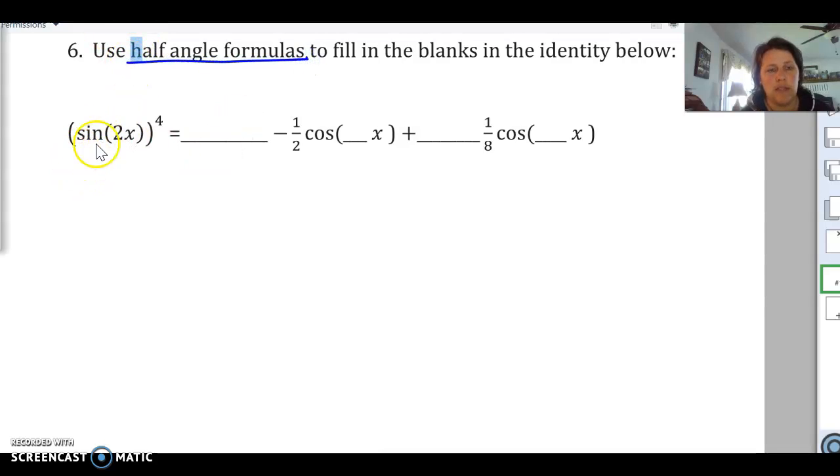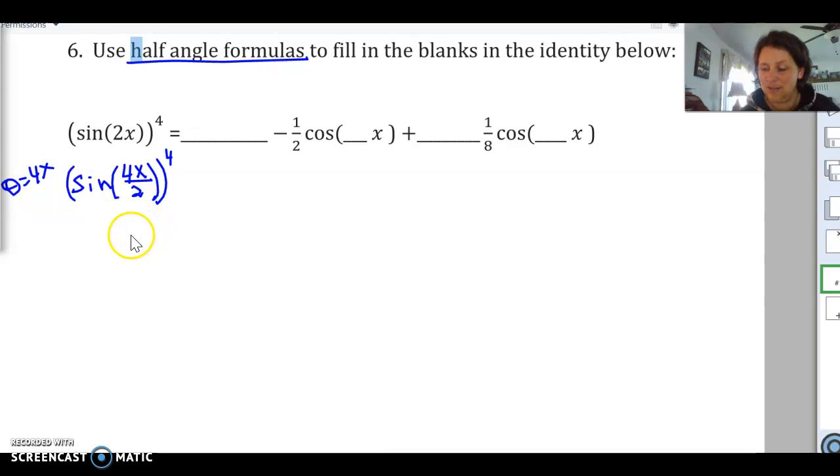So we want to use that half-angle formula. We need to rewrite this equation so that it's in the format of a half angle. So that's going to be 4x over 2, and then that's to the 4th power. Again, I'm going to write my theta out here. Theta equals 4x. I'm going to try hard to make sure I use that theta equals 4x.